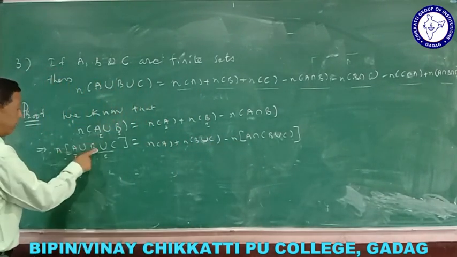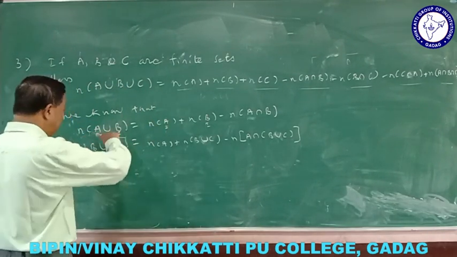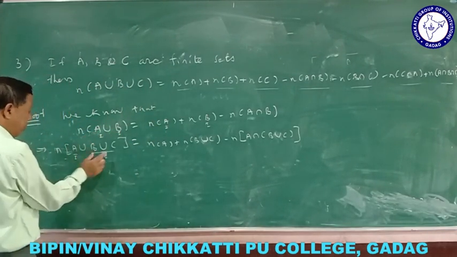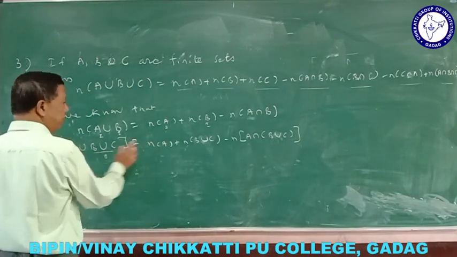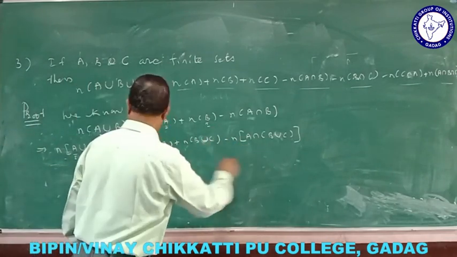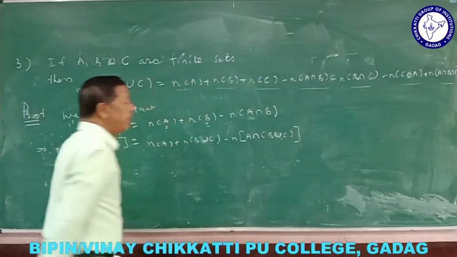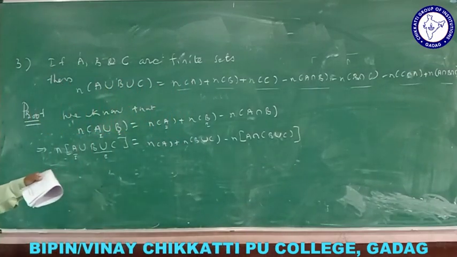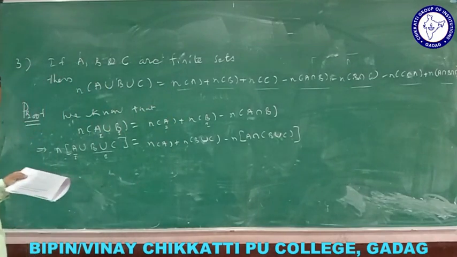Accordingly, I have written this. N of A union B is n of A plus n of B minus n of their intersection. Likewise, this is 1 and this is 1: n of A, n of B union C, minus n of A intersection of B union C. This is the result that you can write, and I hope you can see this result easily.